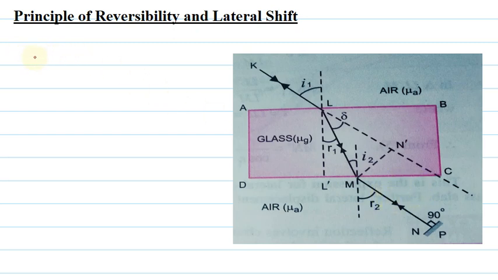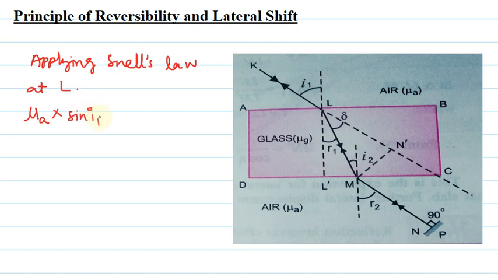Okay, so let's apply Snell's law at L. Here refractive index of air is mu A and refractive index of glass is mu G. Then we have the formula mu A into sine I1 is equal to mu G into sine R1.